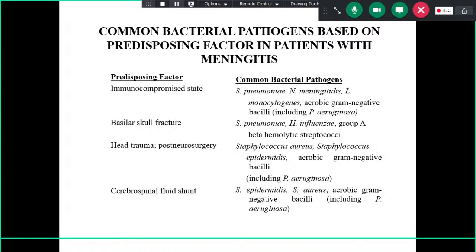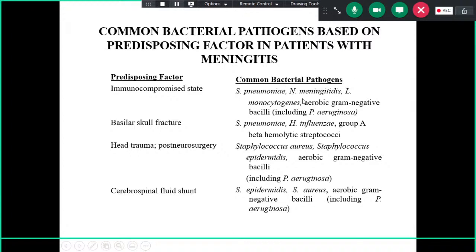But we have to understand there are 6 or 7 bacteria which are known worldwide to have a specific predilection or affinity for neural tissue. What are these organisms? Streptococcus pneumoniae, which also causes pneumonia, and Neisseria meningitidis, which causes meningococcal meningitis.